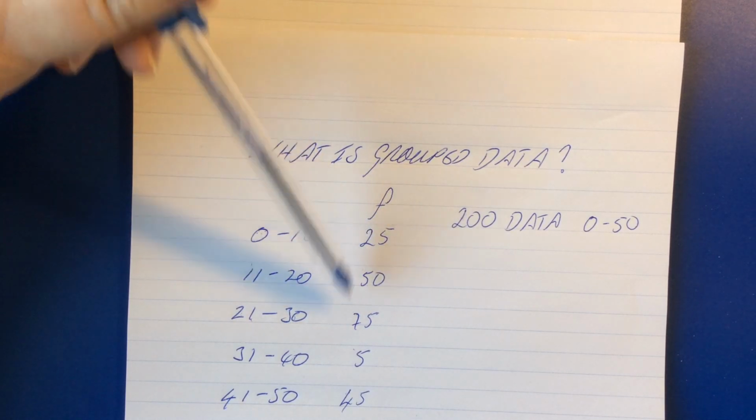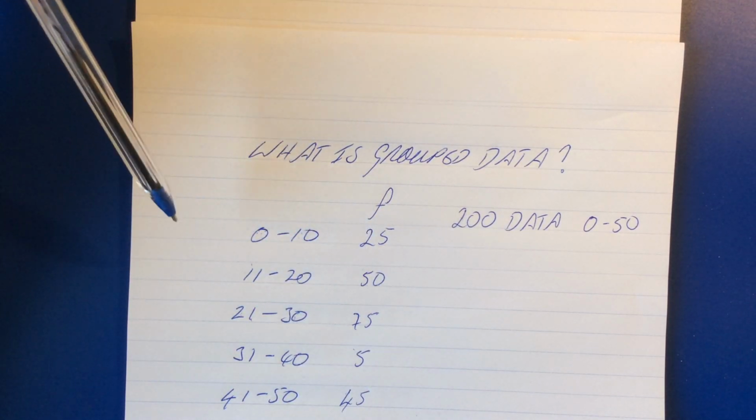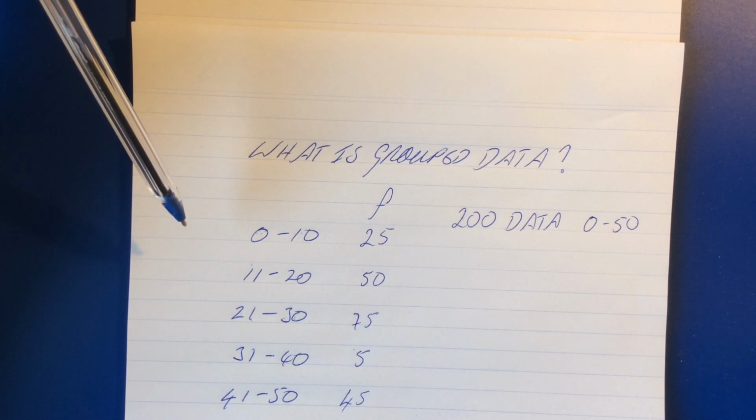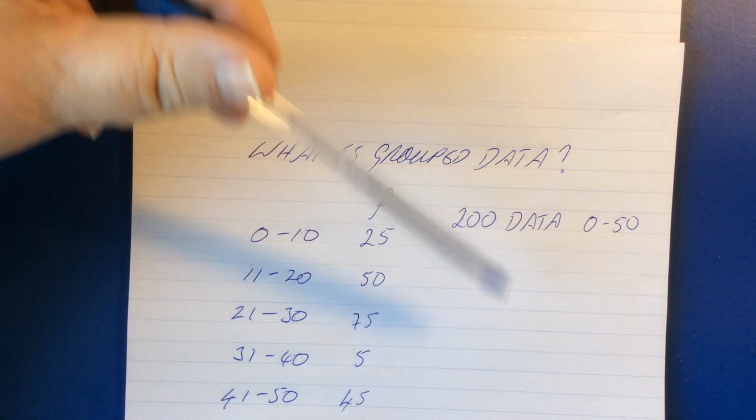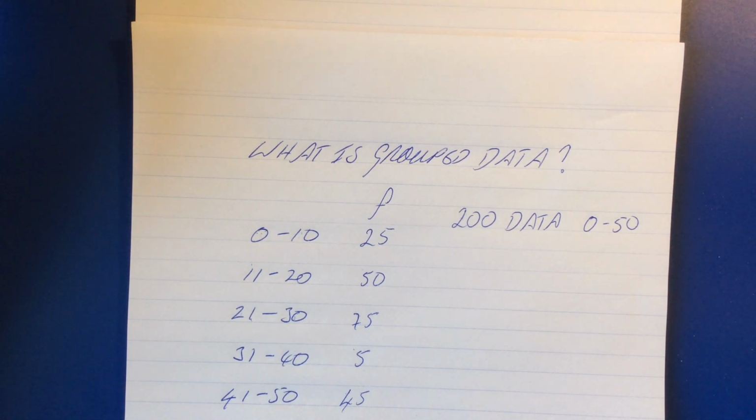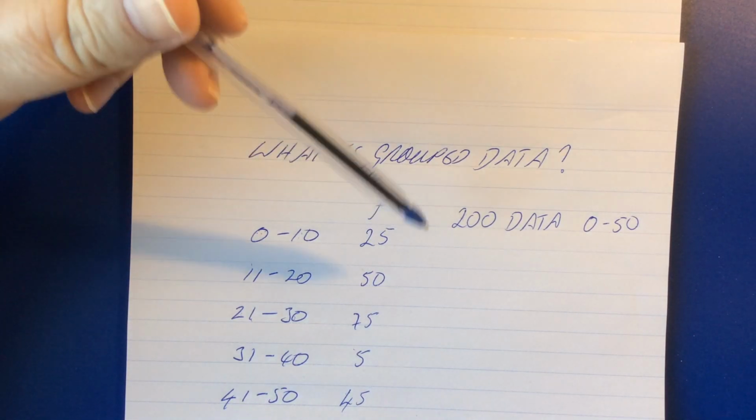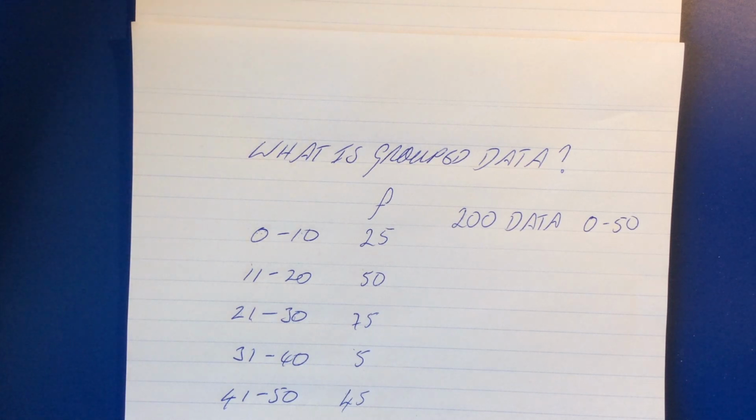And what else is there? Well, this is the first sort of line of making sense of this data in a summarized form. It is possible to just line it all up in order and try and read something into it, but dealing with 200 numbers on a page is quite something.